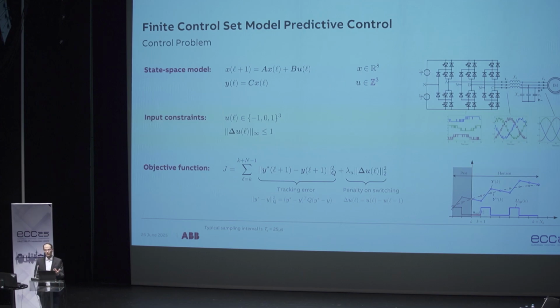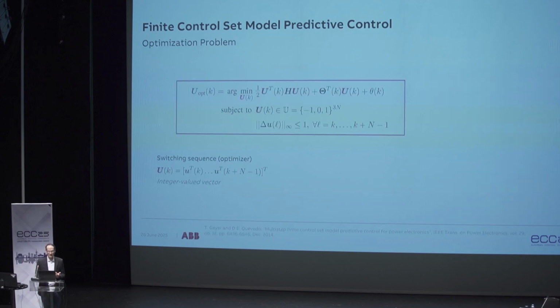Now, if we take this problem and we reformulate it as an optimization problem, you immediately end up with the standard, well-known quadratic form, where this capital U is your sequence of manipulated variables over your horizon. In this case, it's a switching sequence. It's an integer manipulated variable. The complicating fact is it is an integer optimization problem.